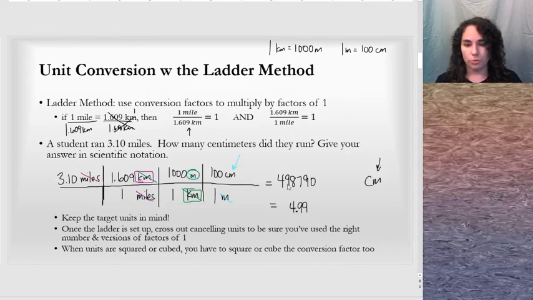I have 4.99 times 10 to the 5th centimeters. I would like to have that much money in my bank account, right? Times 10 to the 5th, take it. So that's how you do unit conversion with the ladder method. Not too bad. Not too bad at all.